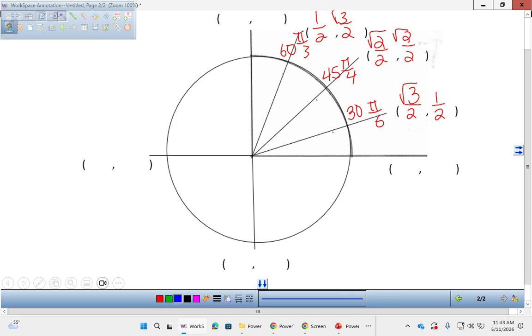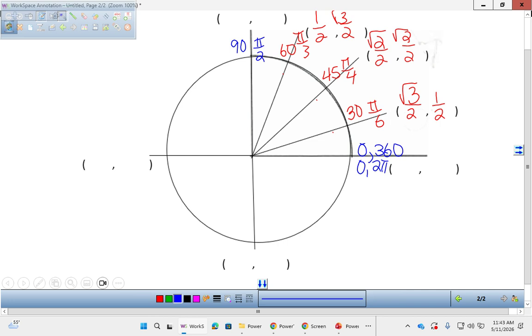This angle right here is 0 degrees if I don't move, but if I do a full circle, it's also 360. So either of those. And then in radians, that's 0 and 2 pi. And then if I head up here, this is 90 degrees. If I divide that by 180, that's pi over 2, or you can call that 0.5 pi. That's the same thing.